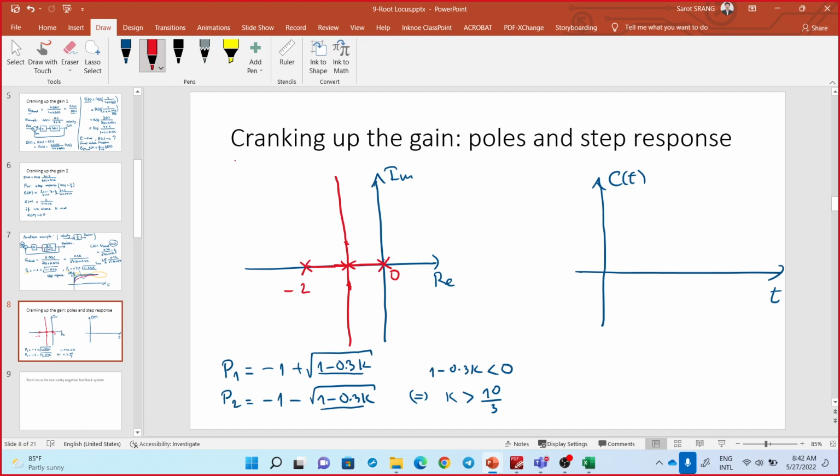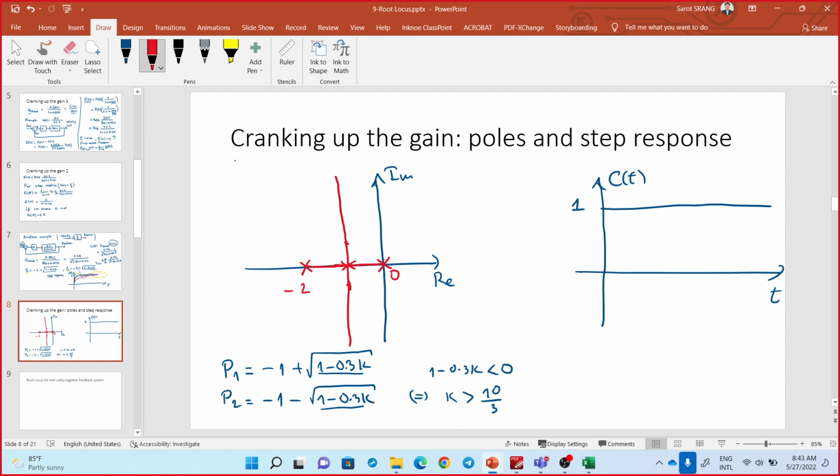Now I link the poles on the complex plane with the step response. With a small value of k, we have two real poles, and the step response is like this.